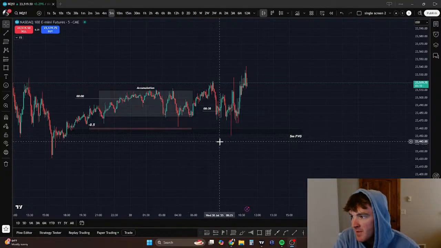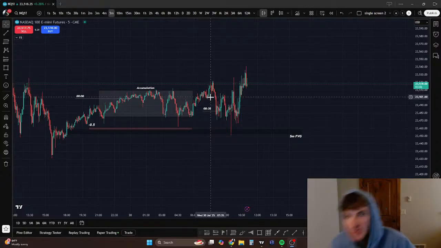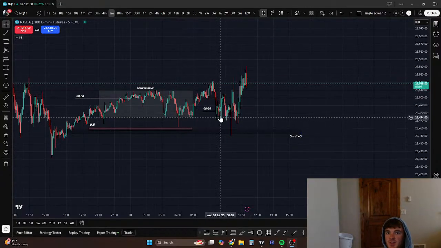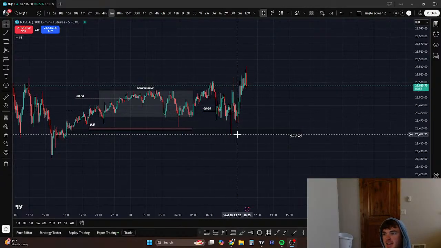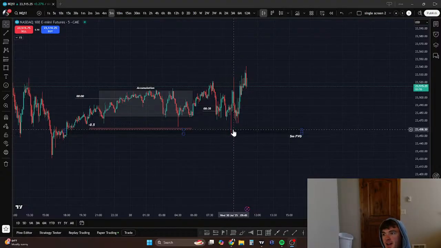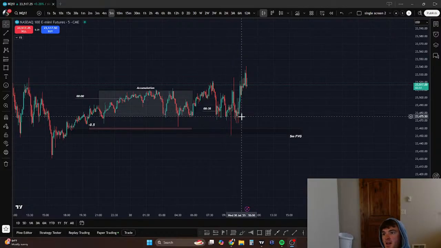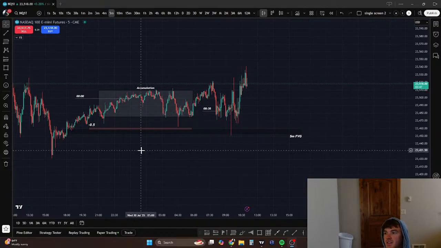We have a 5 minute fair value gap below with equal lows, aligned with this 0.5. I drew this out in the pre-market, right? You can go watch the beginning of the stream. Guess what happened, right? Manipulation into that 5 minute fair value gap. Observe that, right? And then distribution. Crazy.